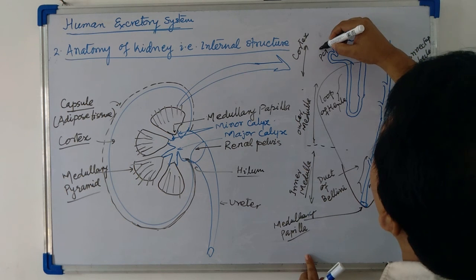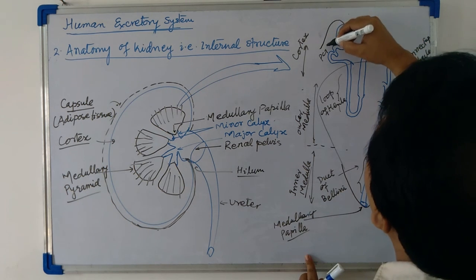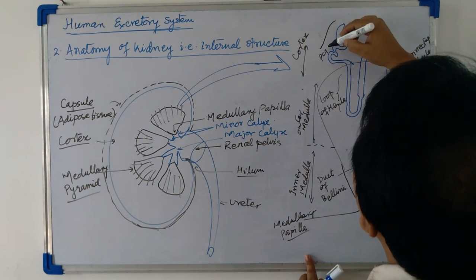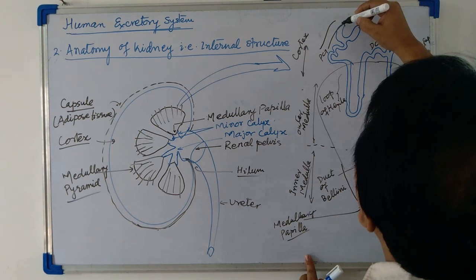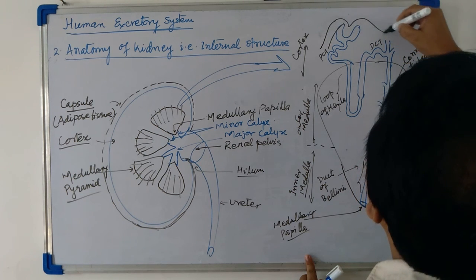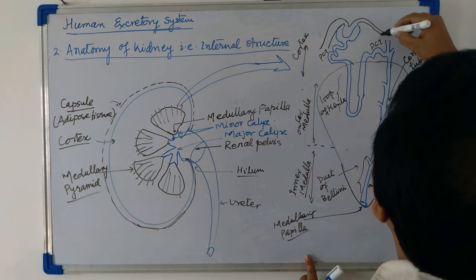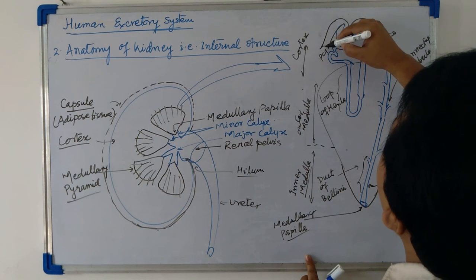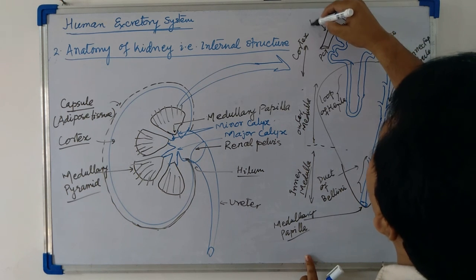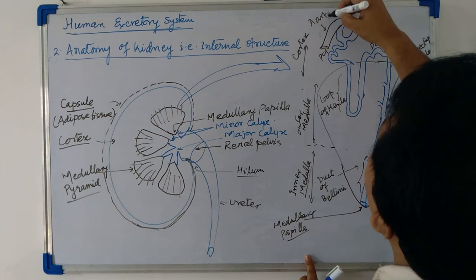The blood capillaries will come from this region like this. This is afferent arteriole and this will go out in this region. Okay, this is afferent arteriole.